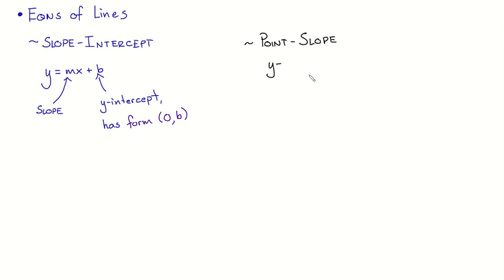Y minus y1, and I'm going to actually do color coding in here. Y minus y1 is equal to m times x minus x1. I'm going to put a times sign.